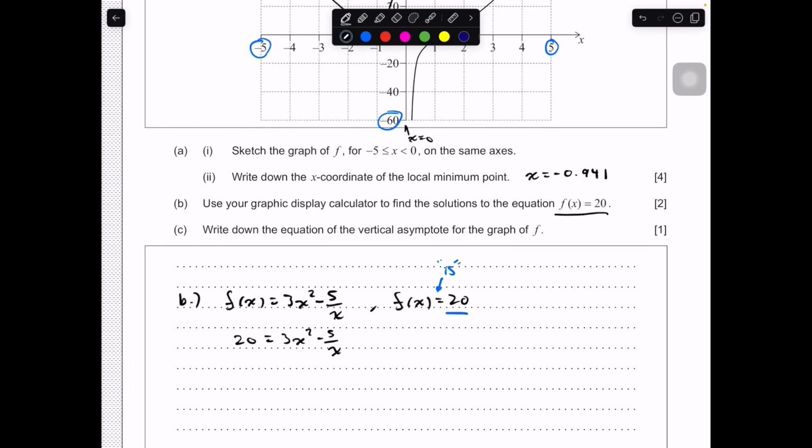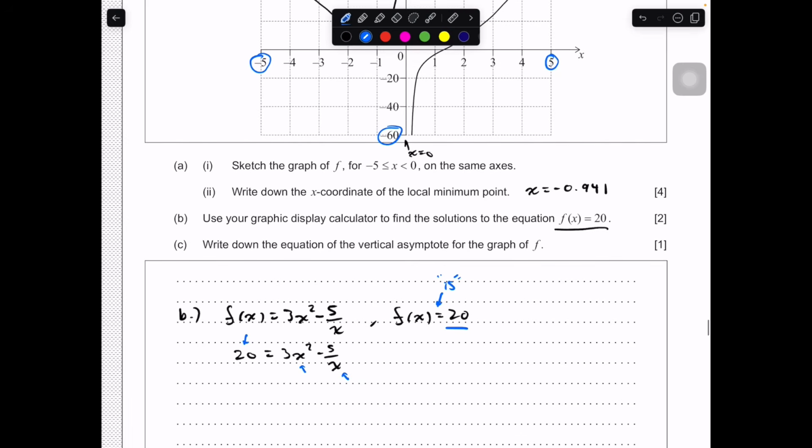What are the x values that we could put into this equation to get a value of 20? I think it's going to be easiest actually to graphically solve this rather than n-solve. N-solve is good if there's one solution, but if there's two or more solutions, often it's a good idea to graph.